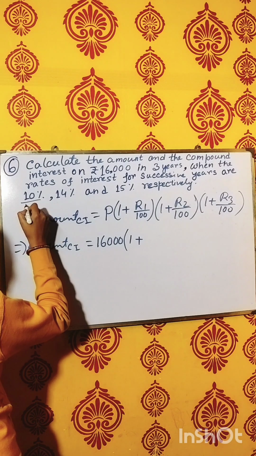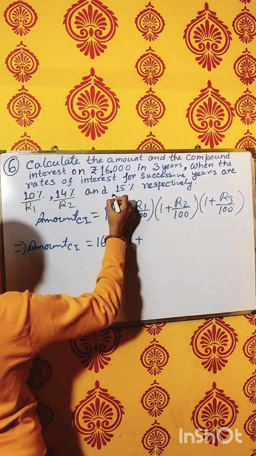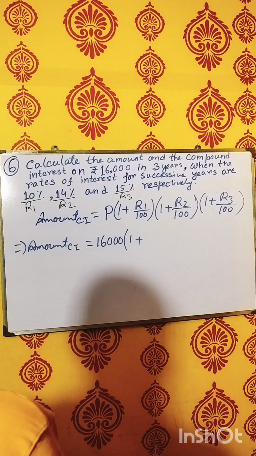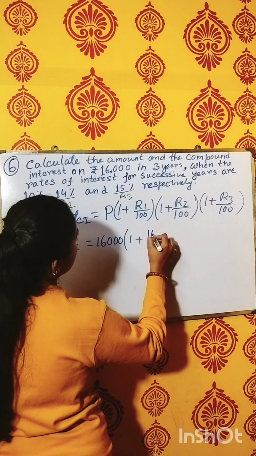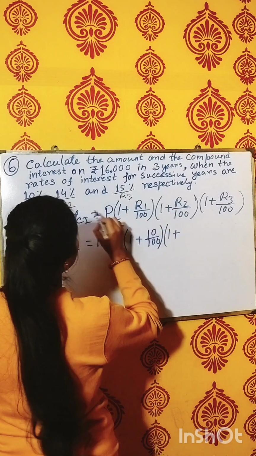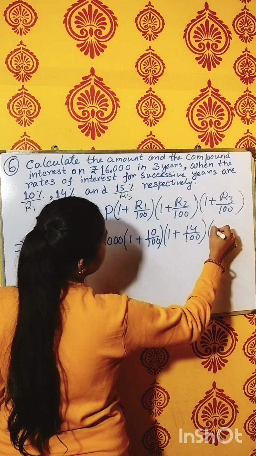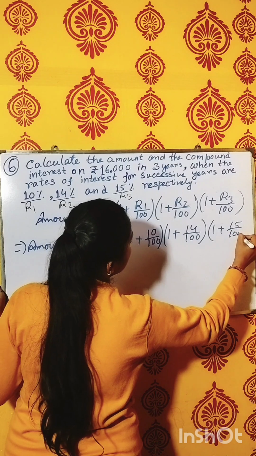Here R1 is equal to 10 percent, R2 is equal to 14 percent and R3 is equal to 15 percent. Now R1 is 10 percent, so 10 divided by 100, 1 plus R2 means 14 percent, 14 divided by 100, and R3 means 15 percent, therefore 1 plus 15 by 100.